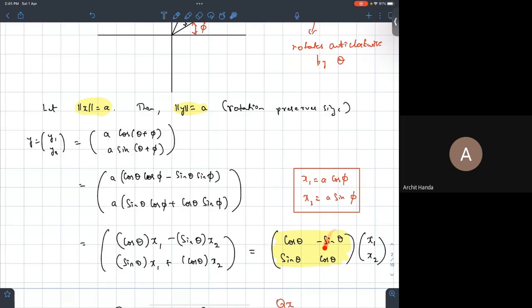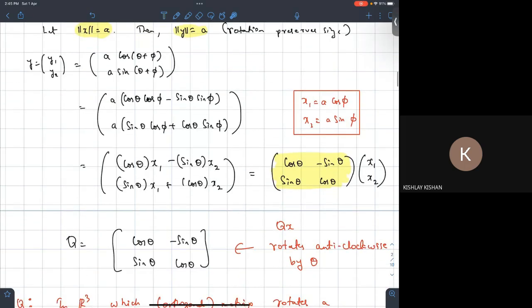If you look at these columns, are they orthogonal to each other? Yes. And the length is 1. So this is an orthogonal matrix. I'll just write that Q is an orthogonal matrix. Got it so far?